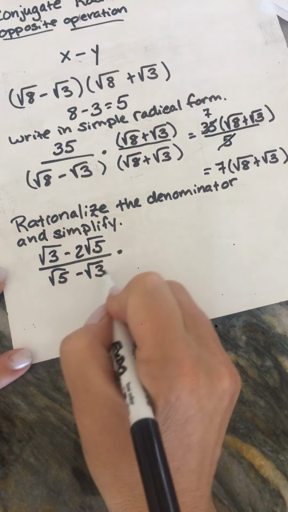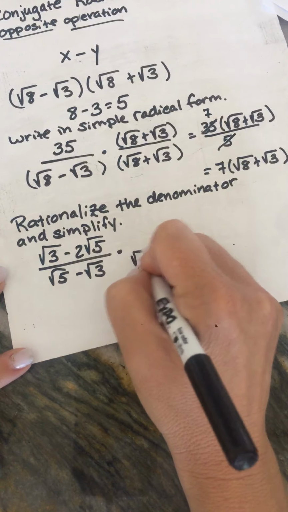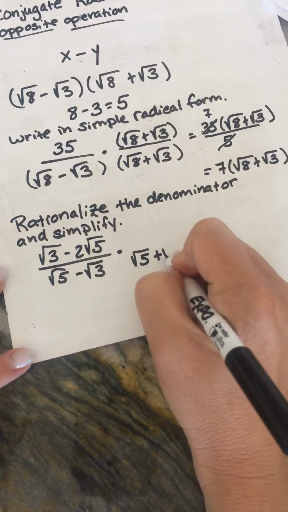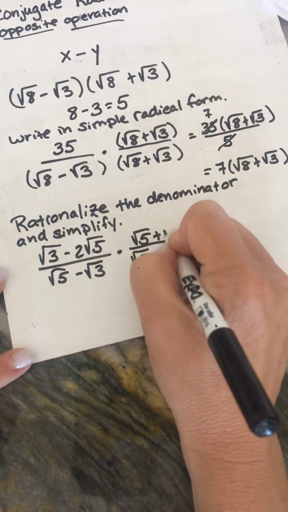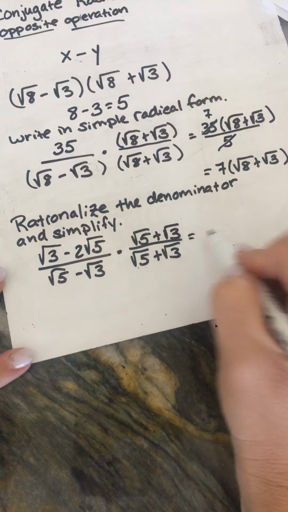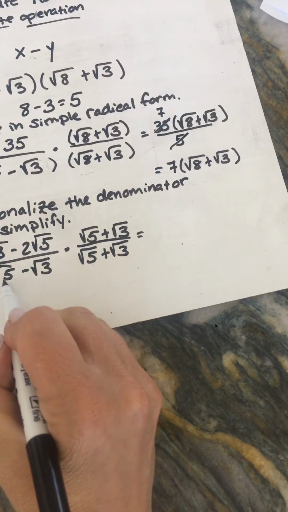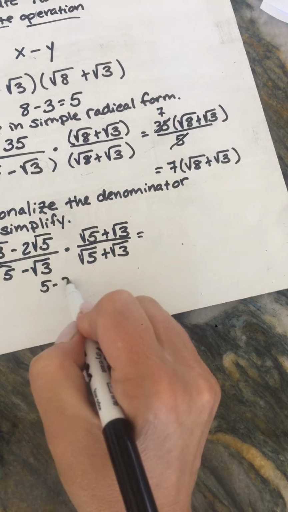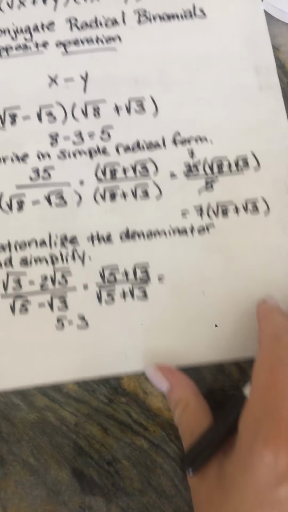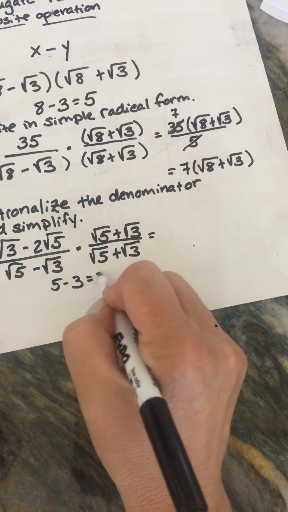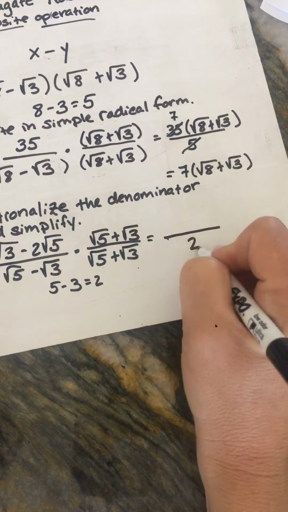This 1 will be the conjugate. If you're going ahead of me, please do so, and then just look up and check. And so this turns the denominator into 5 minus 3, right? Remember, we just do the x minus y business. All right, so the denominator is going to be a 2.